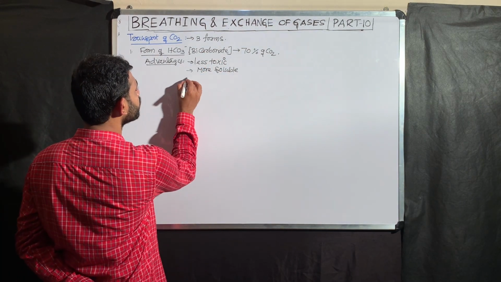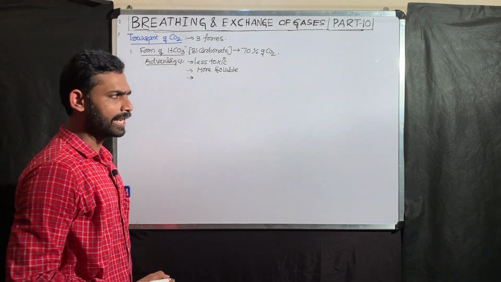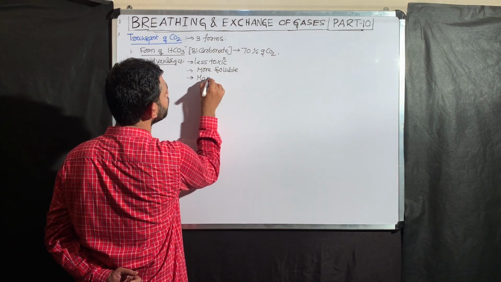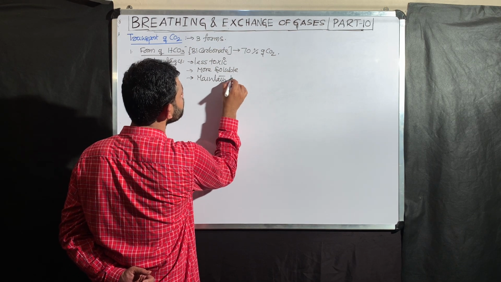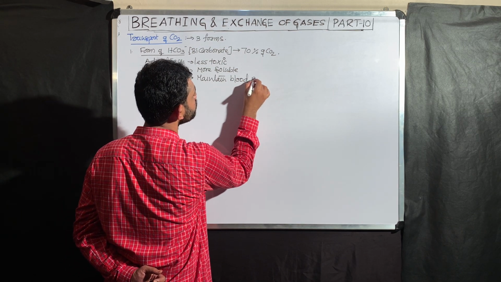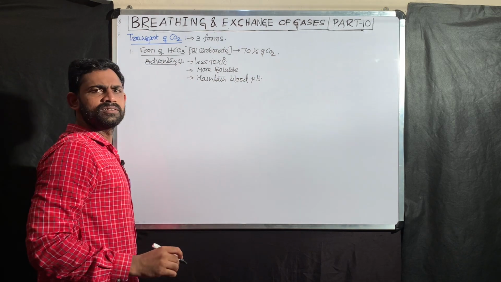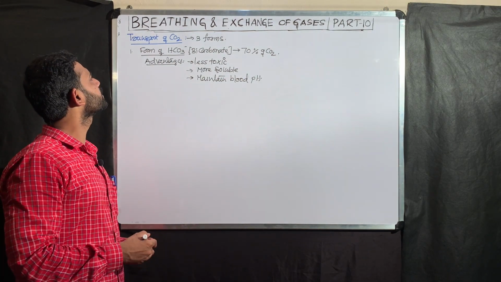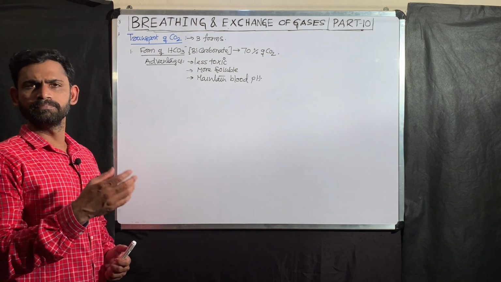The next important thing about bicarbonate is that in the blood, bicarbonate helps to maintain blood pH. These are the reasons why the maximum, 70% of the carbon dioxide, is transported in the form of bicarbonate.